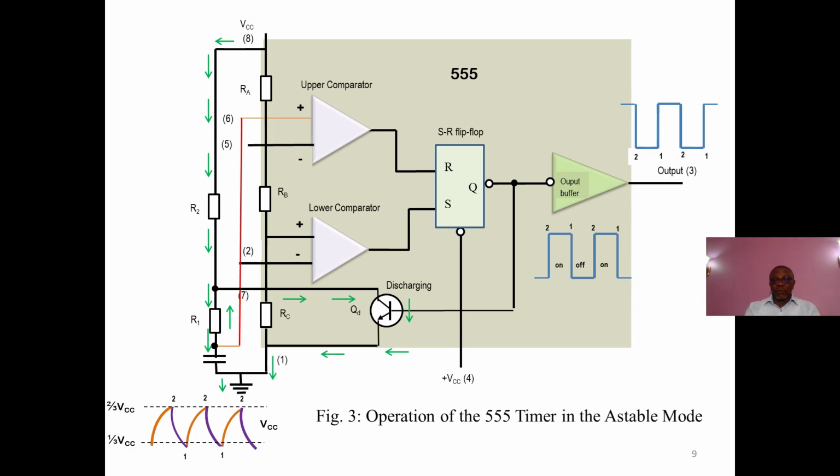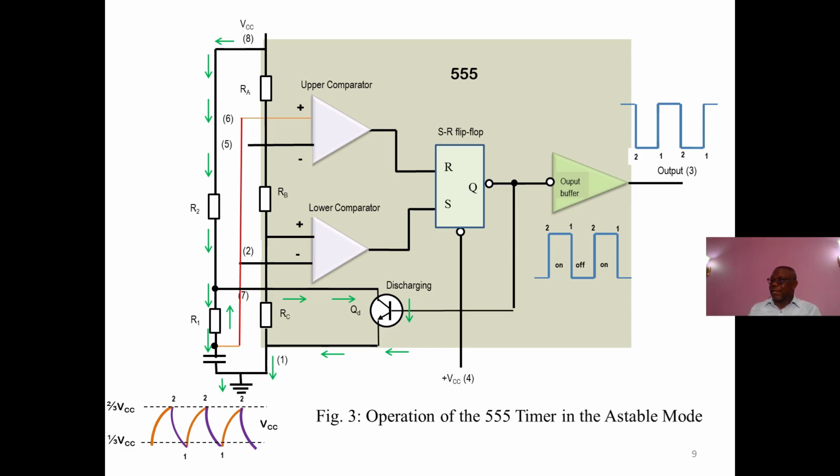Now, when the output of the lower comparator becomes low, it forces the output of the flip-flop Q and the base of the discharging transistor QD to go low, thereby keeping the transistor in the off state.